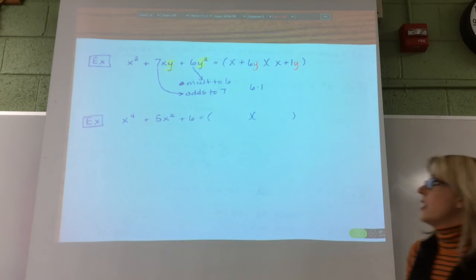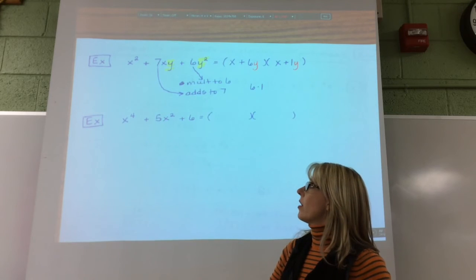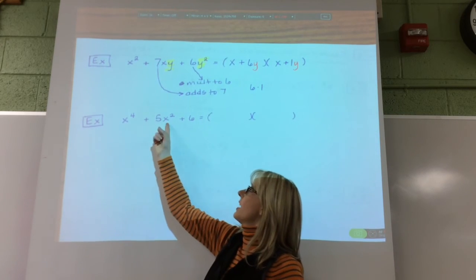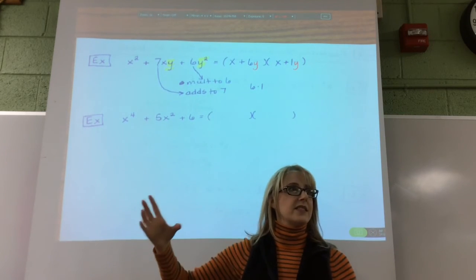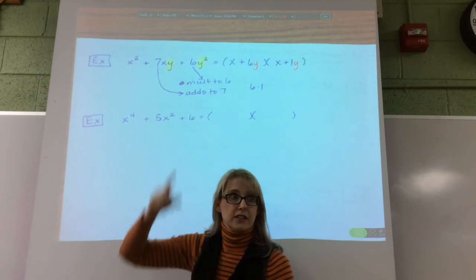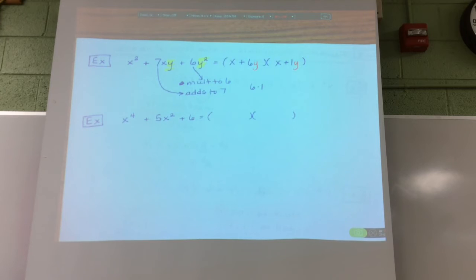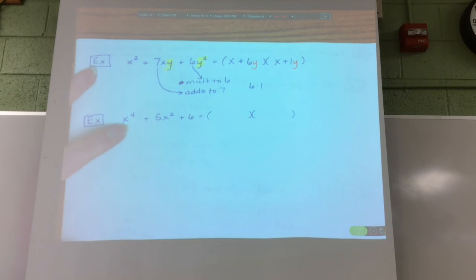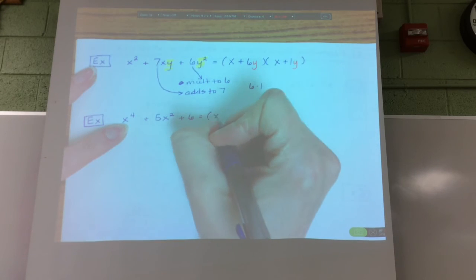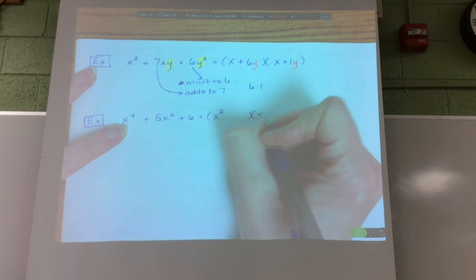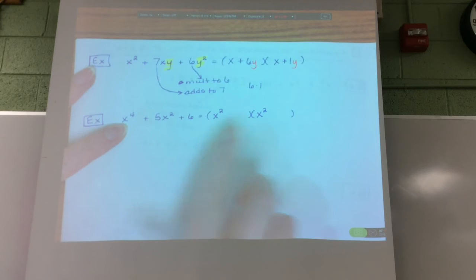The other one we're going to do is where we have x to the 4th and x squared instead of x squared and x. The only difference is that when we start our two binomials, since we have x to the 4th, it's going to be x squared and x squared, because x squared times x squared gives us x to the 4th.